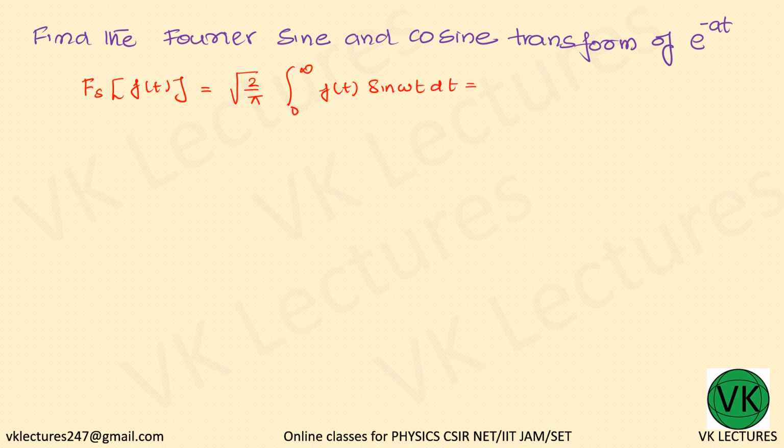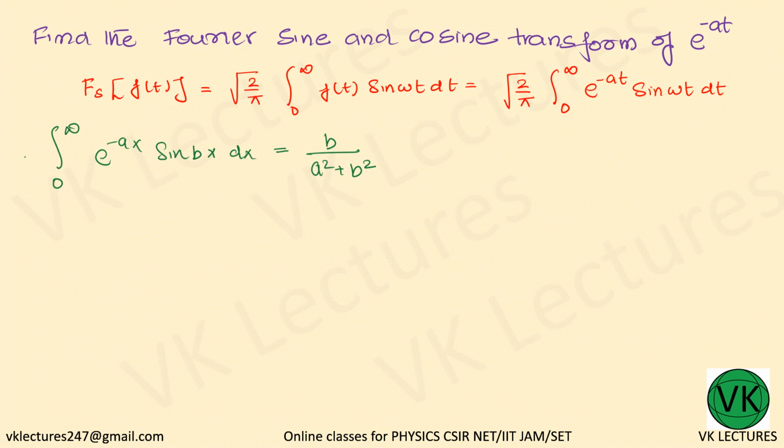So that can be written as root of 2 by pi integral from 0 to infinity of e to the power minus at into sin omega t dt. Now for this integral, we have the formula: integral from 0 to infinity e to the power minus ax into sin bx dx equals b, the coefficient of x in sin bx, divided by a square plus b square.